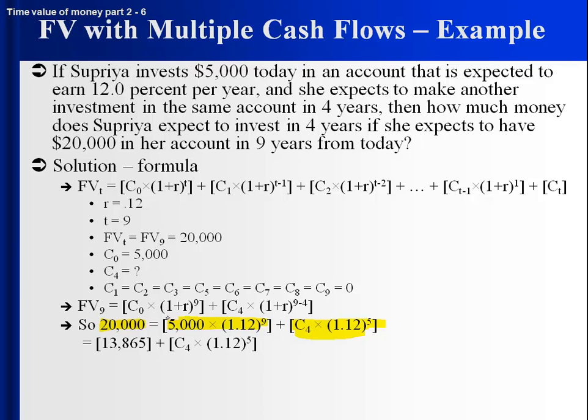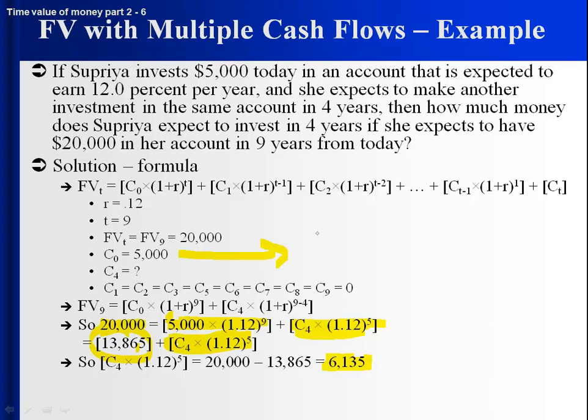Well, 5,000 over 9 years will compound to 13,865. If this plus this is equal to 20,000, subtract 13,865, we know that this term right here has to compound to 6135.